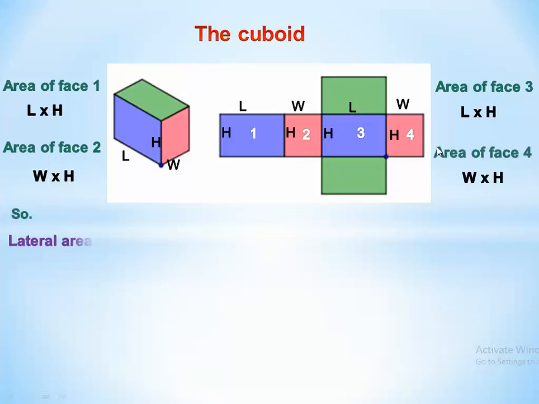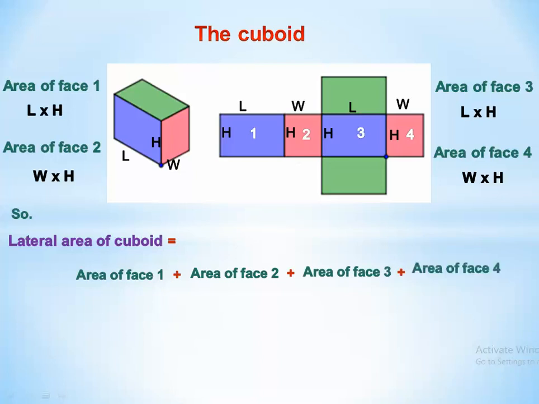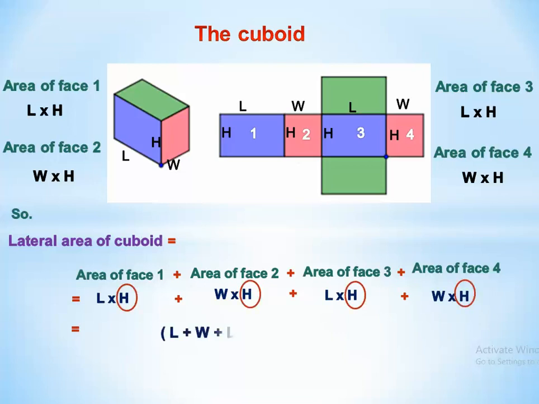So if I want to calculate lateral area, we will add all of these: area of face 1 plus area of face 2 plus area of face 3 plus area of face 4, which is length by height plus width by height plus length by height plus width by height. We know the distribution property, so we will take height as a common factor: length plus width plus length plus width, all by height.